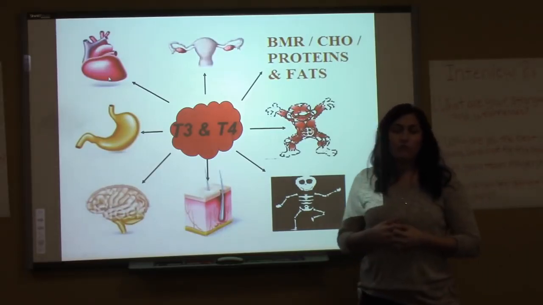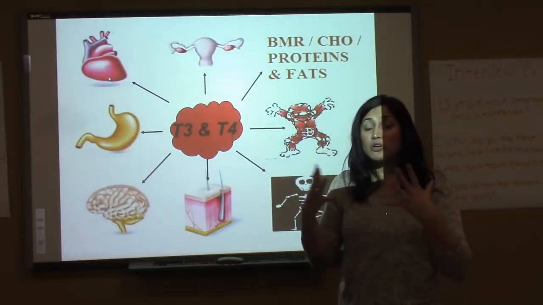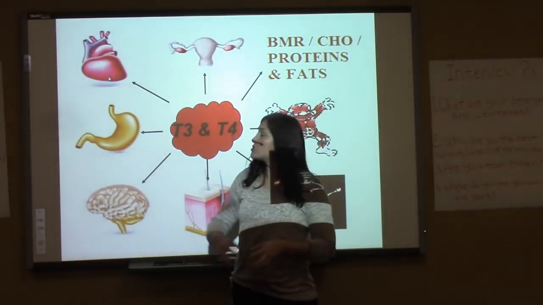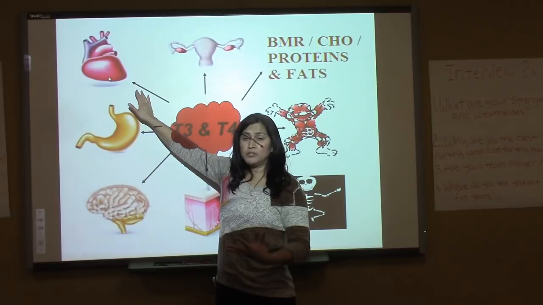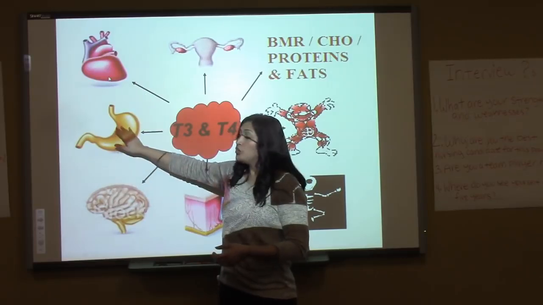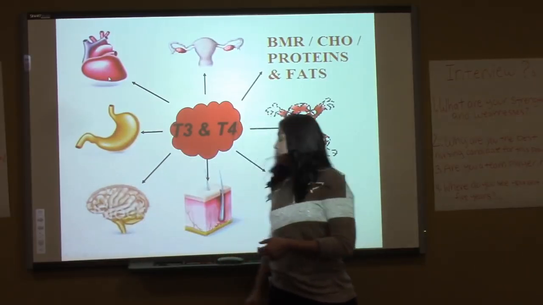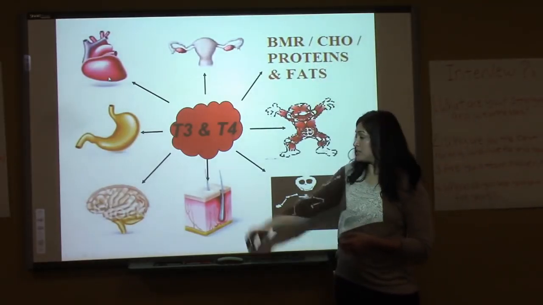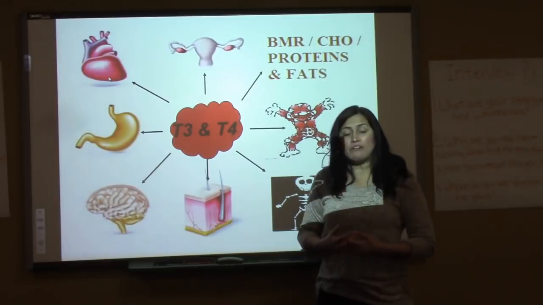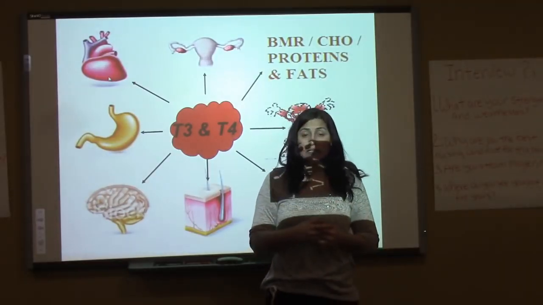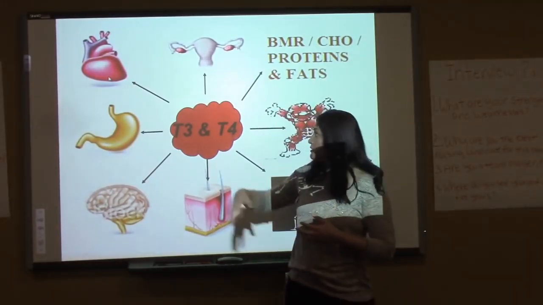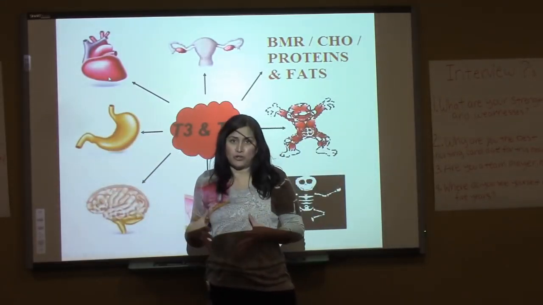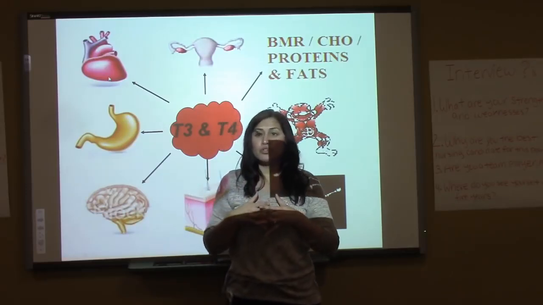Now, your T3, T4 basically have an effect on the majority of your body. Okay? It's needed for normal functioning. It's needed so your cardiovascular system works properly, your digestive system, your central nervous system, skeletal, muscular, this is your metabolism. So patients who have too much T3, T4 basically have problems like increased heart rate, they have diarrhea, they're very hyper, okay, very jittery.